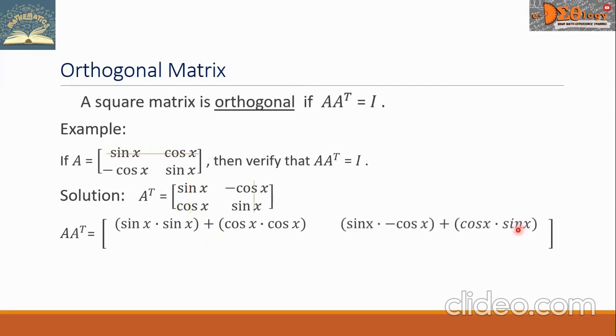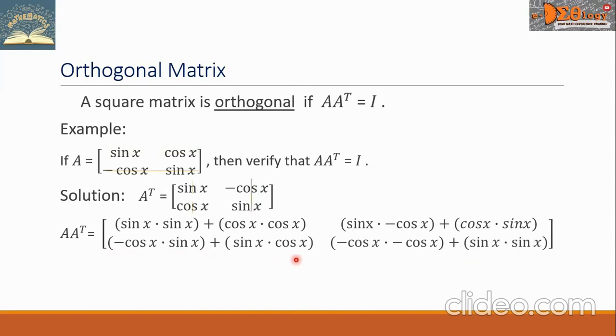For the element here, we have sin x times negative cosine x plus cosine x times sin x. For the element below, we have now this negative cosine x times sin x plus sin x times cosine x. Then the last will be negative cosine x times negative cosine x plus sin x times sin x.